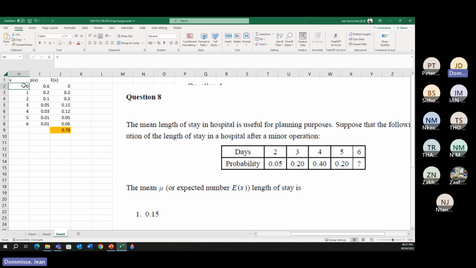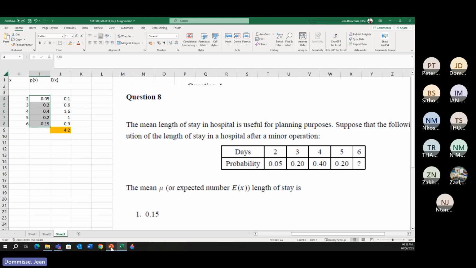We don't have anything for x0 and x1, for x2 it is 0.05, for x3 it's 0.2, for x4 it's 0.4, x5 it's 0.2, and then x6 we don't know that value, but we could have said that is equal to 1 minus the sum of the previous ones, which will then be 0.15.